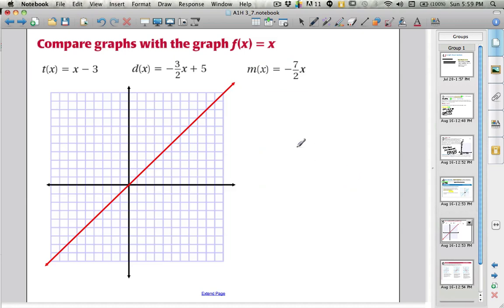So if we take a look at some graphs here, I'm going to graph these other graphs. This is the parent function, y is equal to x, right? The red line, that's what that is. And if I want to graph these other functions, here I have a y-intercept of -3, 1, 2, 3, and also a slope of 1, so I'd go up 1 over 1. That gives me my second point, and I could graph that.